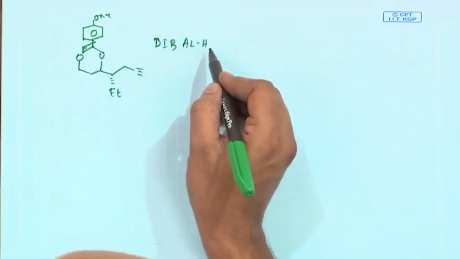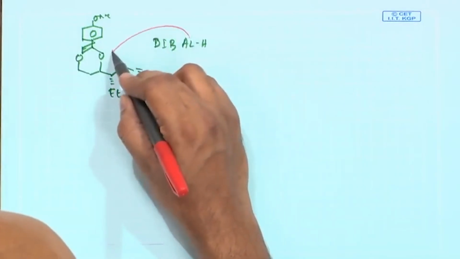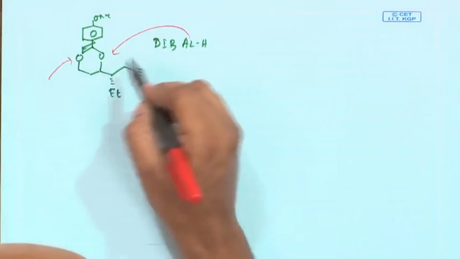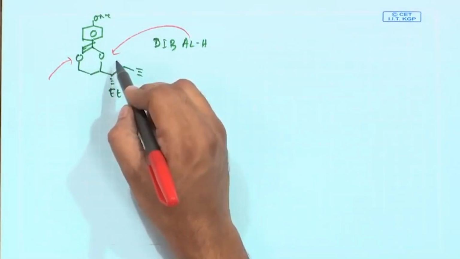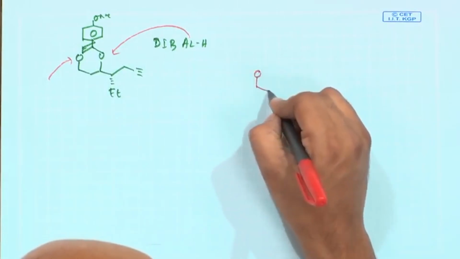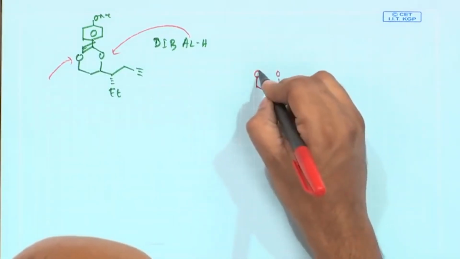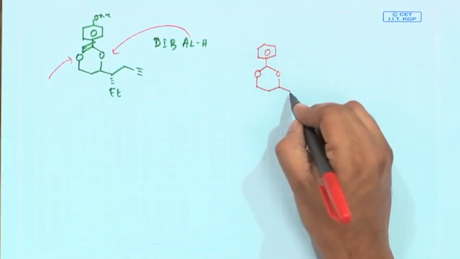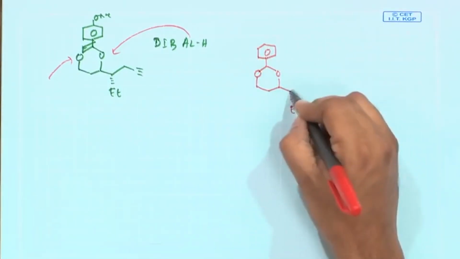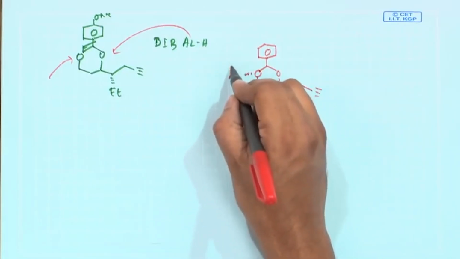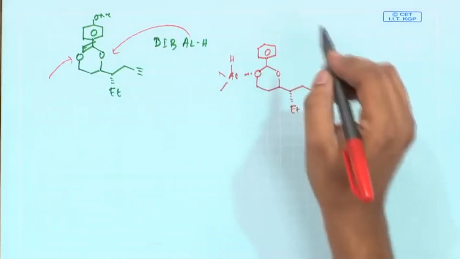And this is a bulky reagent, this aluminum will tend to coordinate with this side or this side. Now, if you look at it sterically, this side is too congested, but this side is not. So, what will be happening? Your initial coordination takes place on this site, aluminum, your hydride is here and your isobutyl group is there.